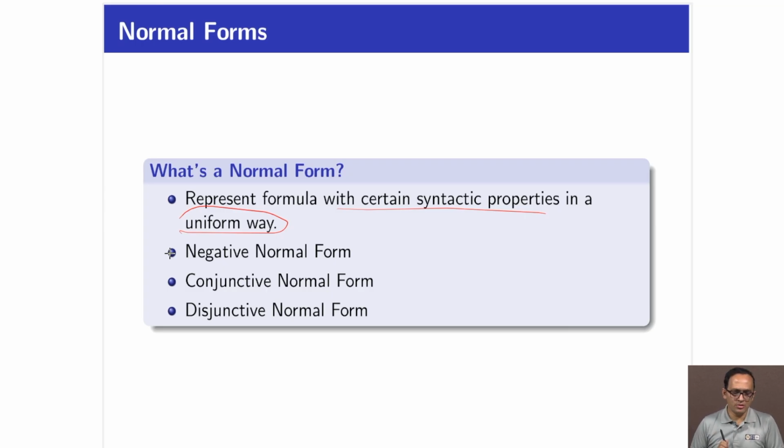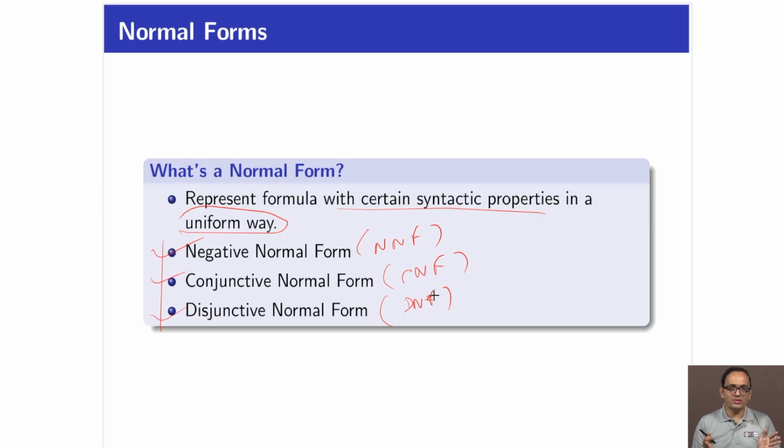So in this class, we will primarily learn three normal forms: negative normal form, which is NNF, conjunctive normal form, which is called CNF, and disjunctive normal form, which is called DNF. CNF and DNF are basically a subset of NNF. Okay.